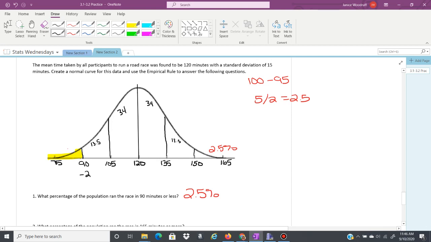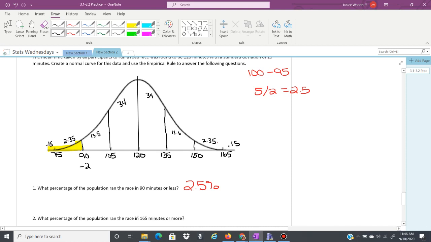Okay, then you had the rest here, this was 2.35 and 2.35. And then after that was 0.15 and 0.15. Okay, that's every little segment of the population.